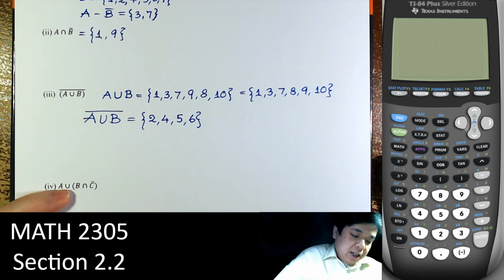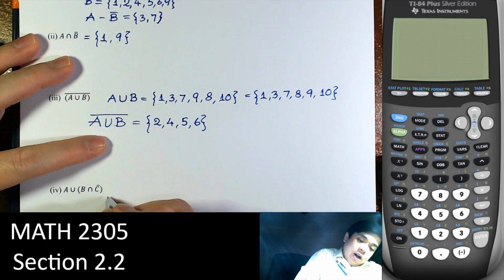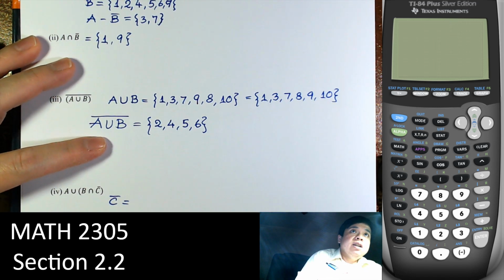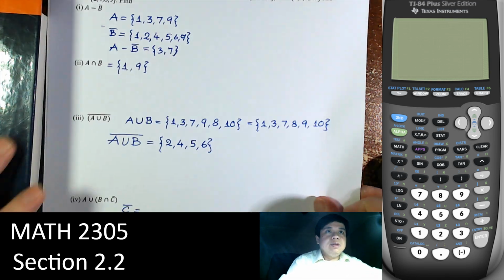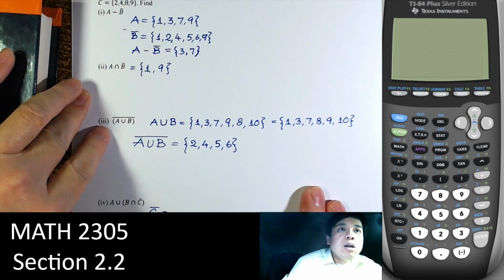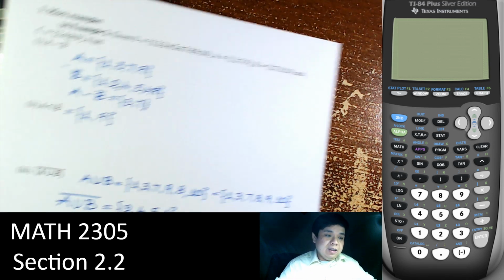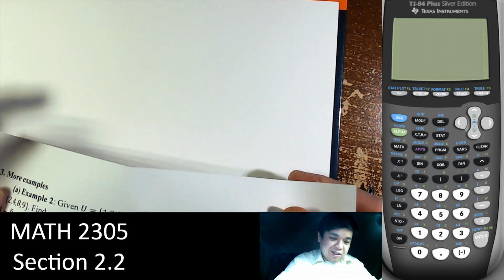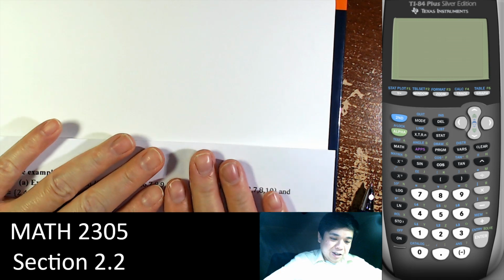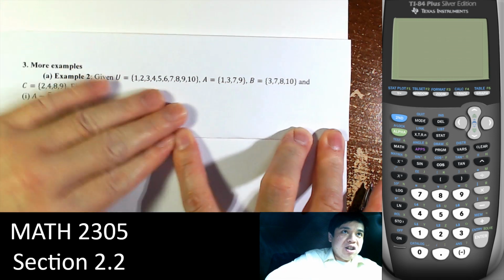Right. Next, we have A union with B intersection with complement of C. So first we find the complement of C. C is 2, 4, 8, 9. Okay, so what is not C?